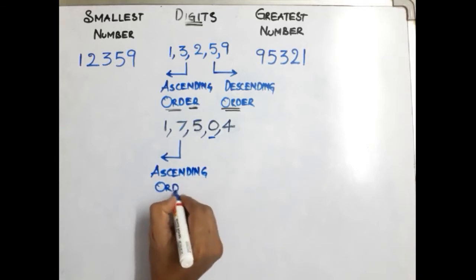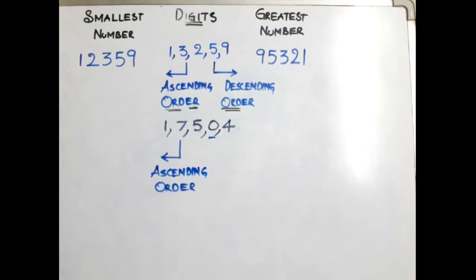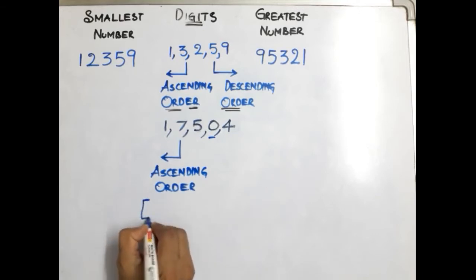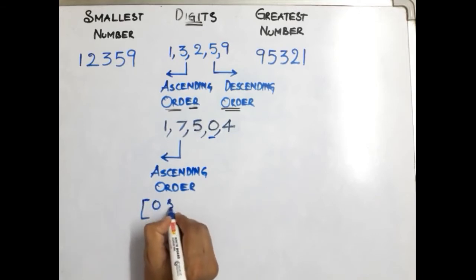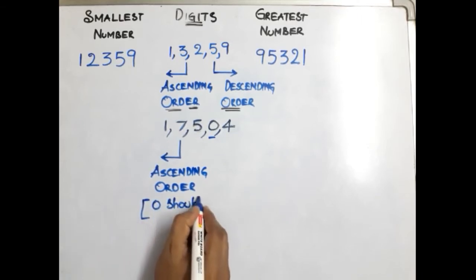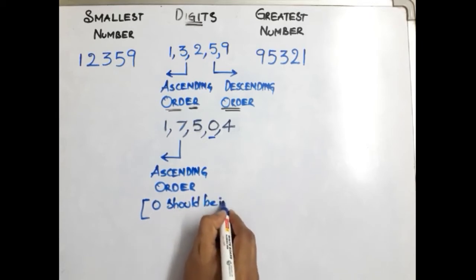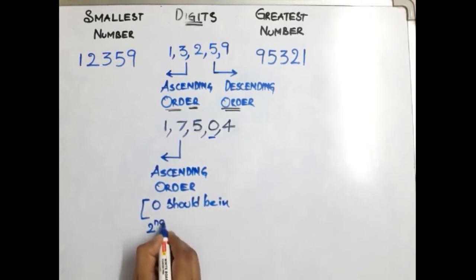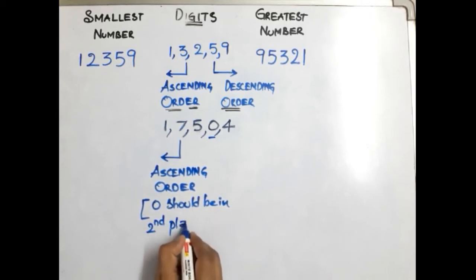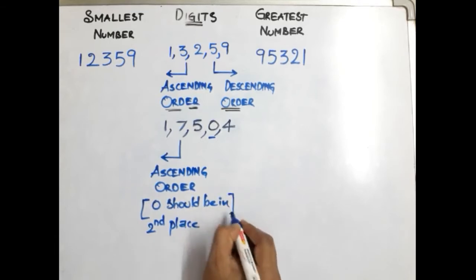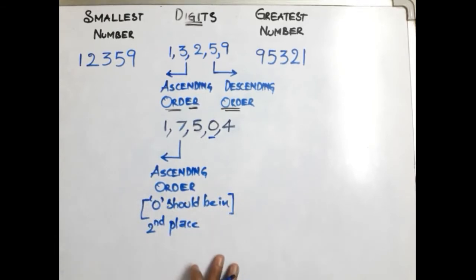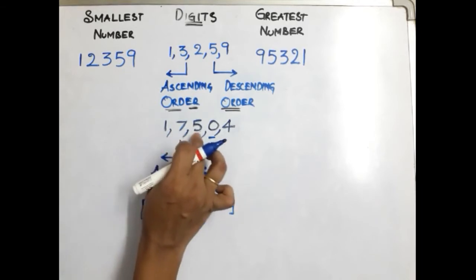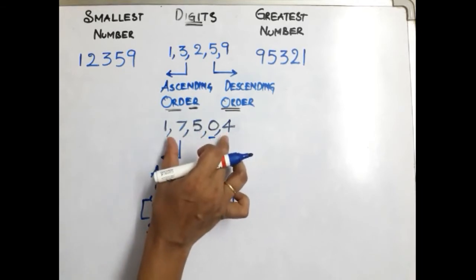But you will have one condition: 0 should always be in second place. Of the given digits, if you find 0, that 0 should be in second place. For example, 1, 2, 3, 4, 5. 5 digits are there.